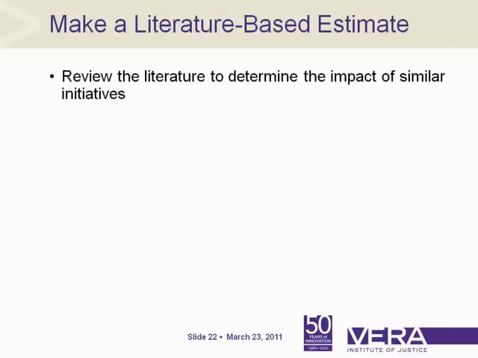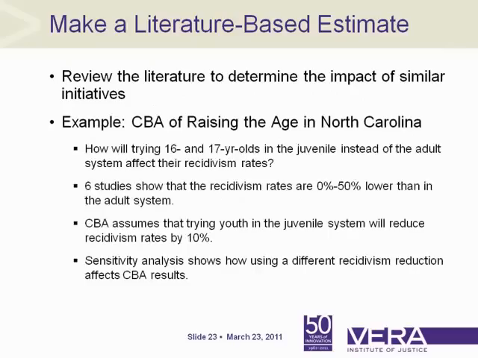Now, if the program or policy hasn't been implemented yet, one approach is to draw on research or evaluations of similar programs or initiatives to try to predict the impact of your proposed initiative. We actually had to do this recently in North Carolina, where we were trying to figure out what the recidivism rate would be of 16 and 17-year-olds if they were transferred into the juvenile system instead of being tried in the adult system.